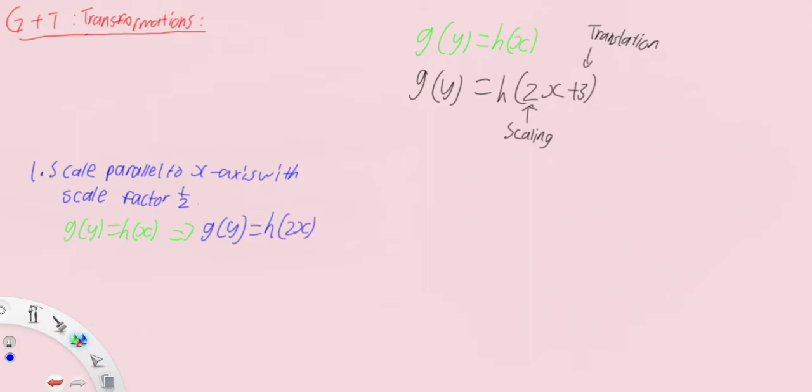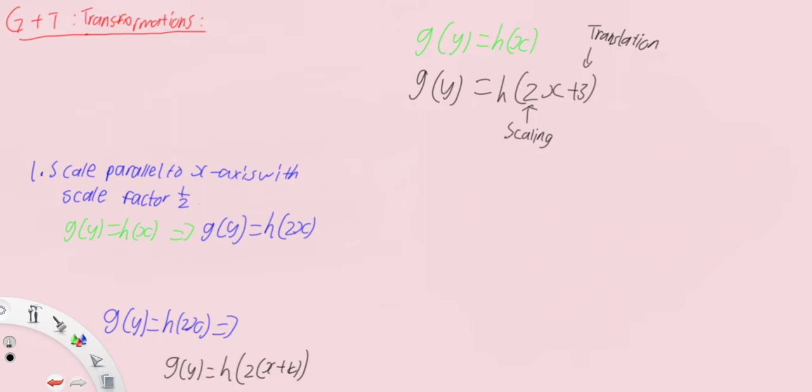If we want to obtain 2x plus 3, if you remember, everything we do applies to the x, which means we will then go from gy equals h2x to gy equals h bracket 2 bracket x plus k.